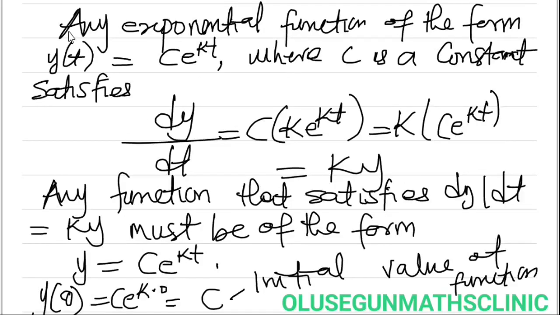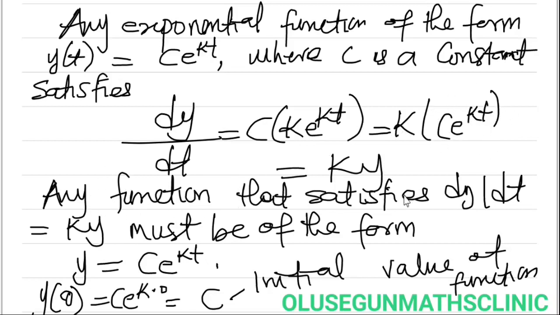Now, any exponential function of the form y of t equals c e to the kt, where c is a constant, satisfies this. By the time you differentiate this, you have dy/dt. The c is a constant, and k will multiply in the exponential differentiation, as we have done before. Now it gives you k c e to the kt, which is also k times the value of y.